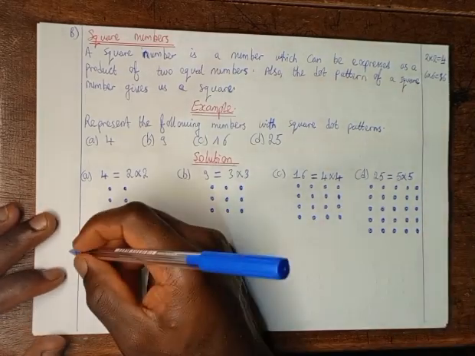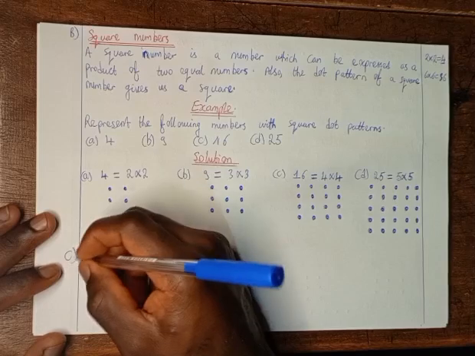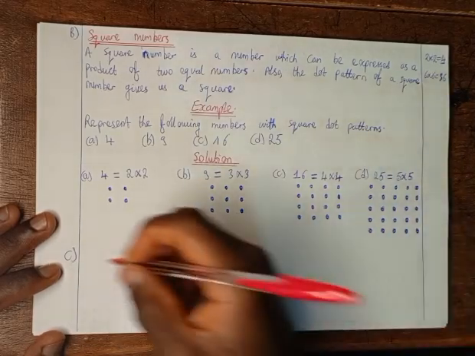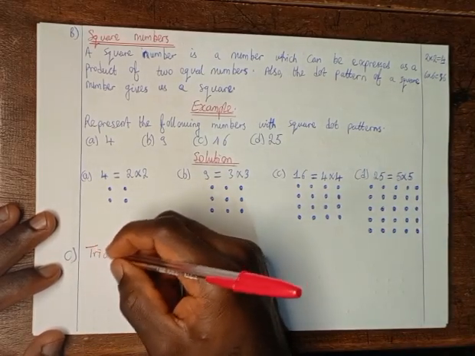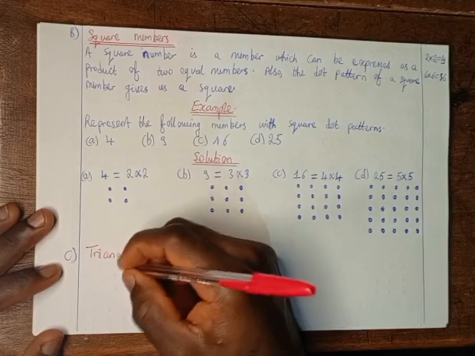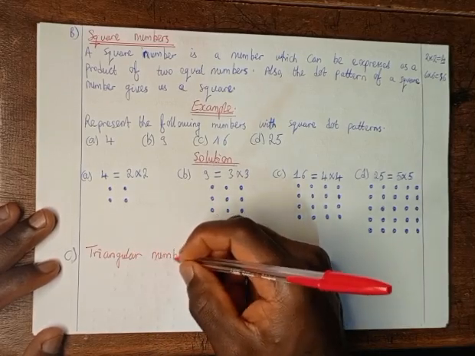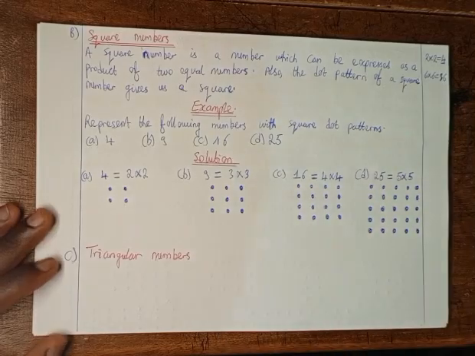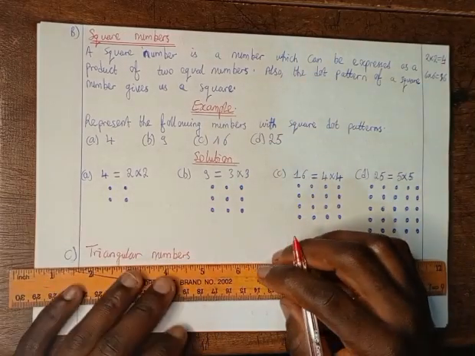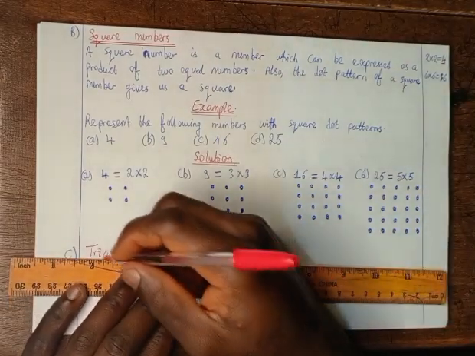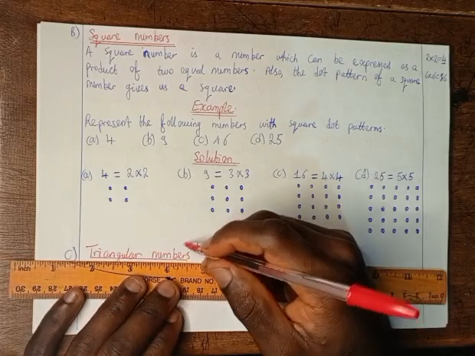We go now to C. For C, triangular numbers. When we talk of triangular numbers, they are those numbers that their dot pattern gives us a triangle.